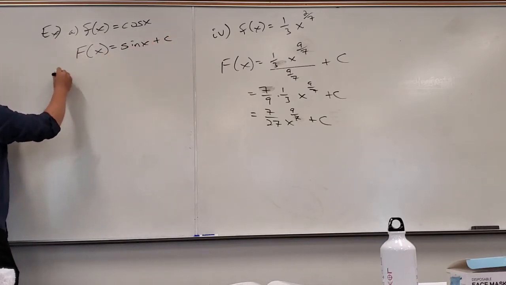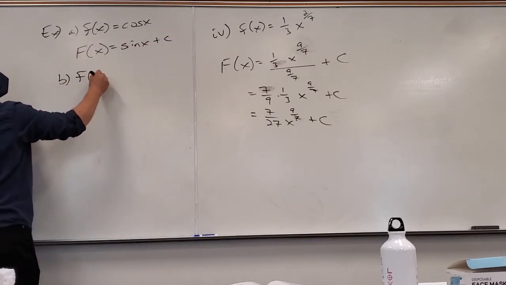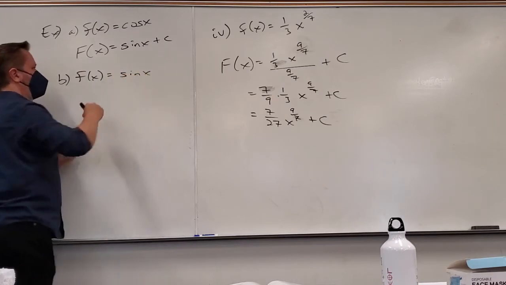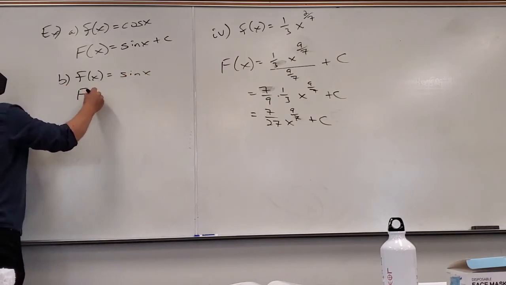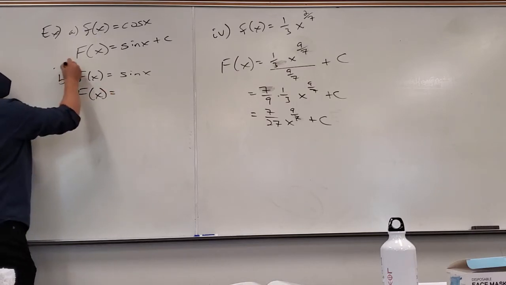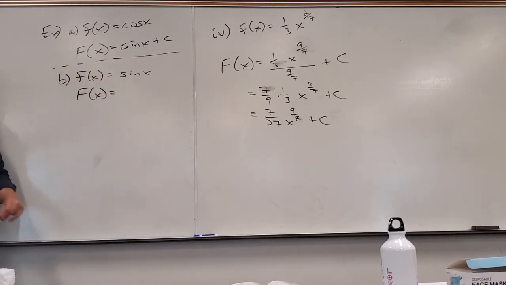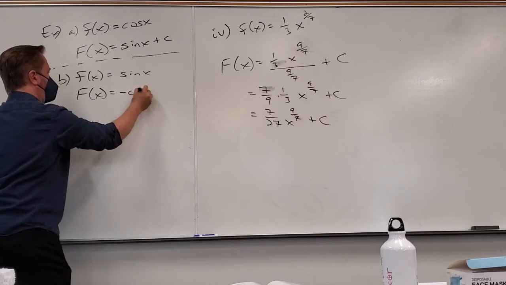What if I had, go with big F. Negative cosine, yes, right? Because if you started with cosine, the derivative of cosine is negative sine, so I must have started with negative cosine.